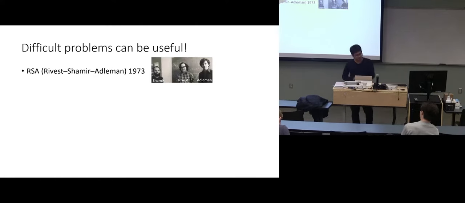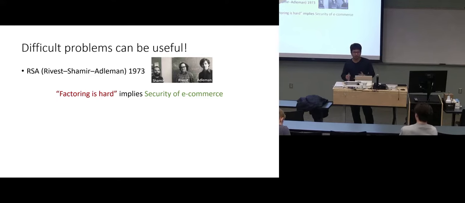What happened is that Rivest, Shamir, and Adleman basically showed that, roughly speaking, if factoring is hard, then you get a secure internet. This is also called a public key crypto system.